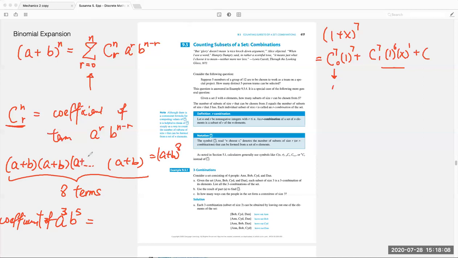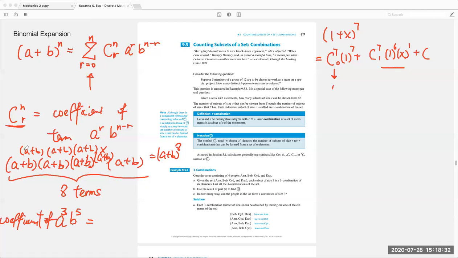Yeah, but I want to use the combination concept to explain this one. Wait for me. So let me draw 8 terms here, okay? So how can you get a term that is A^3 times B^5?